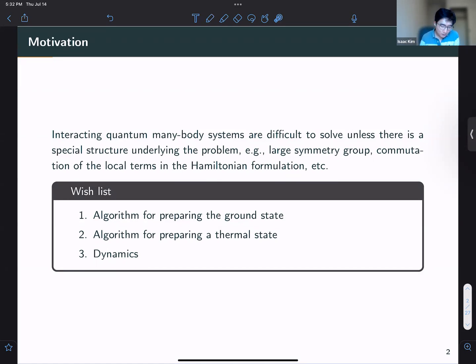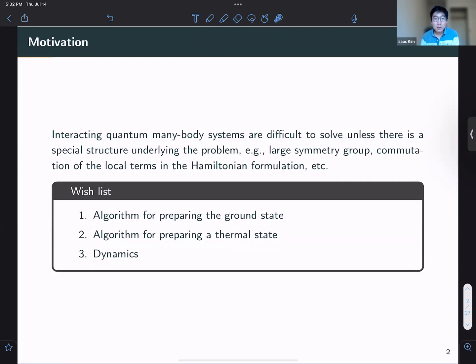You would also like to maybe have an algorithm for preparing a thermal state. So you give me any finite temperature and a Hamiltonian, and I would like to prepare a thermal state defined at that temperature. Again, the goal will be to compute correlation functions.